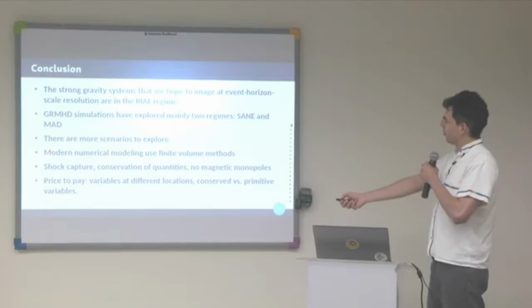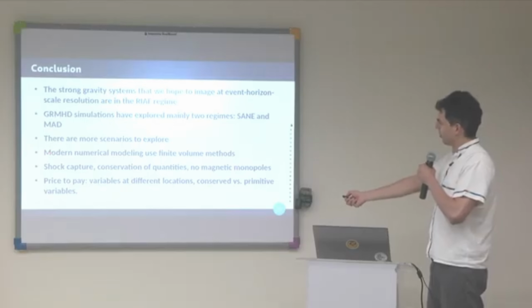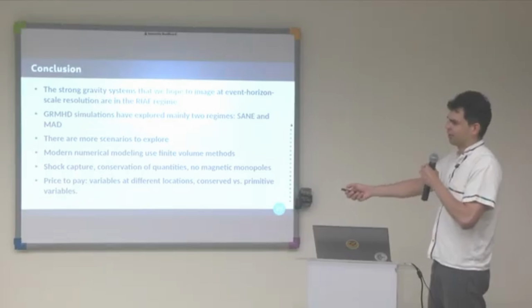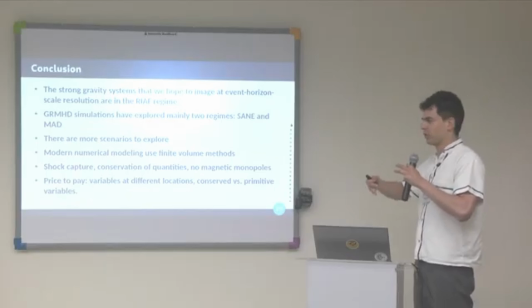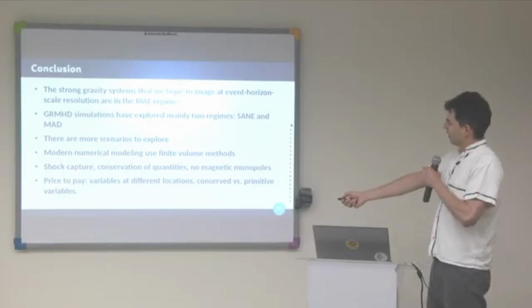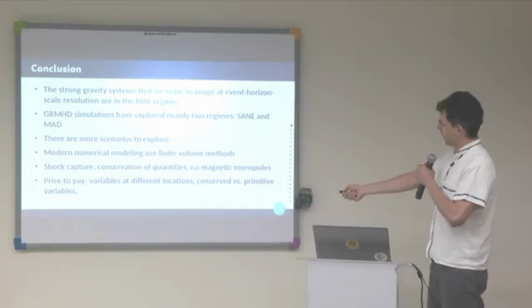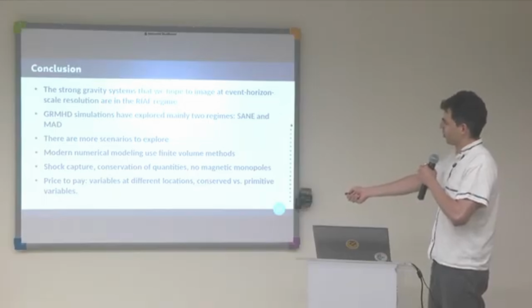Also, modern numerical modeling uses finite volume methods. These have very nice properties. I didn't mention shock capture, but these methods are very good at capturing shocks. They preserve conservation equations to machine precision, and they also preserve the constraint on non-existent magnetic monopoles to machine precision.